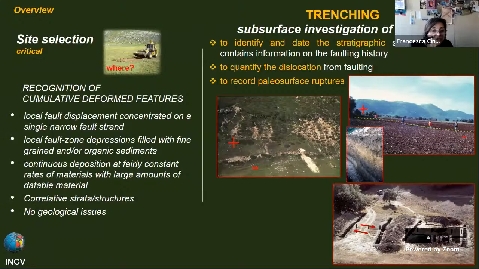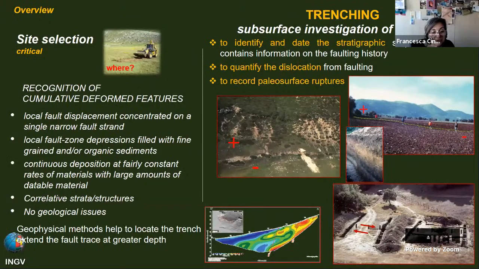For example, it's better to concentrate on a single narrow fault strand, or just look for local fault zone depressions that are filled with fine grain or organic sediments. So we should figure out in advance which kind of stratigraphy we are going to expose.